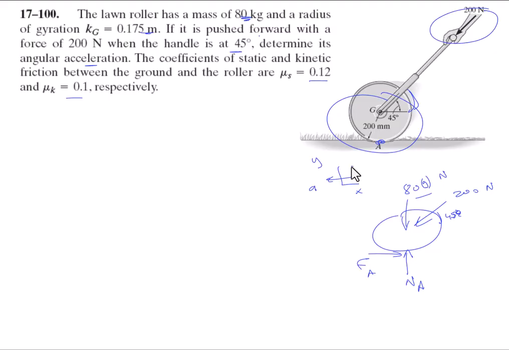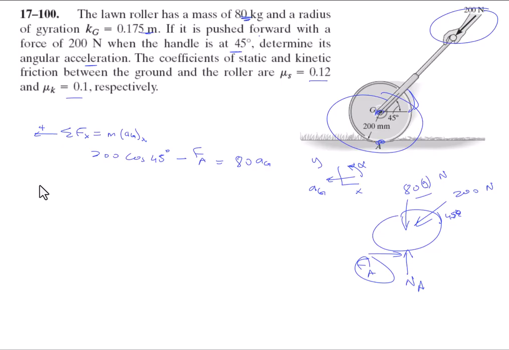We'll say that this is the angular acceleration, alpha, of the center of G. So this is A G. And we'll do the summation. Let's say to the left is positive, so summation of forces Fx is equal to m A G in the X direction. I'll have the components, this is 200 cosine 45 degrees minus F A, which is the friction here, and this is equal to m A of the center of mass.